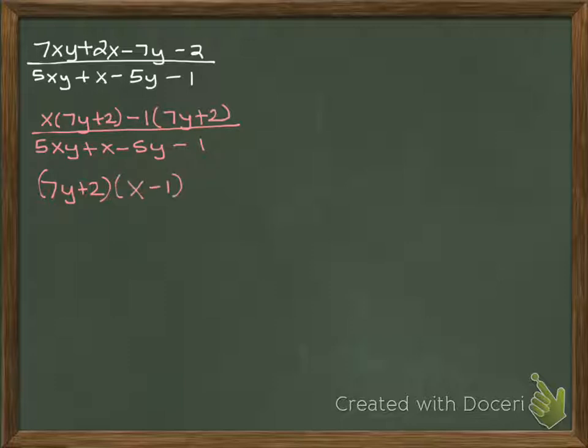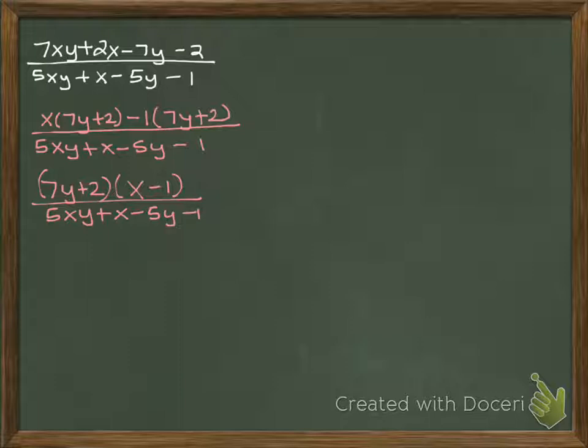And if I take the 7y plus 2 and distribute it, that would give me x times 7y plus 2 and negative 1 times 7y plus 2. So I get back up to this original line. Now I'm going to divide by the denominator, 5xy plus x minus 5y minus 1.